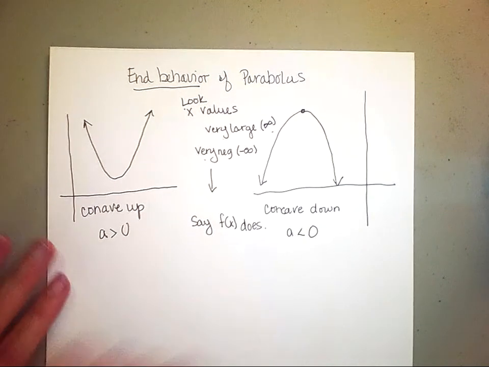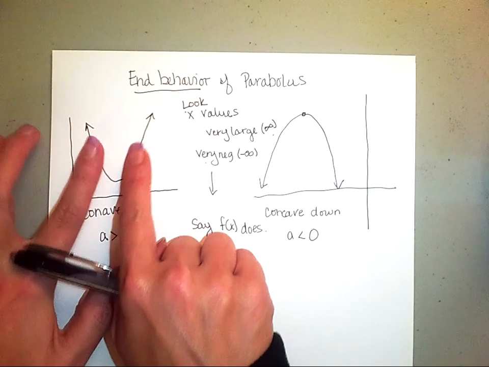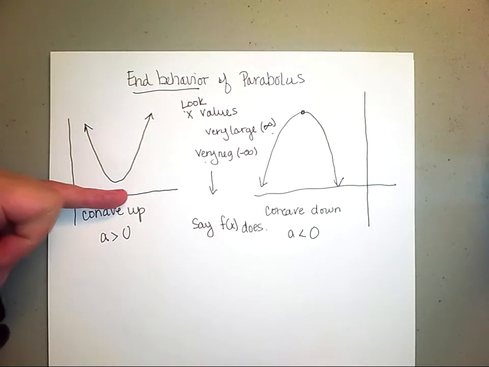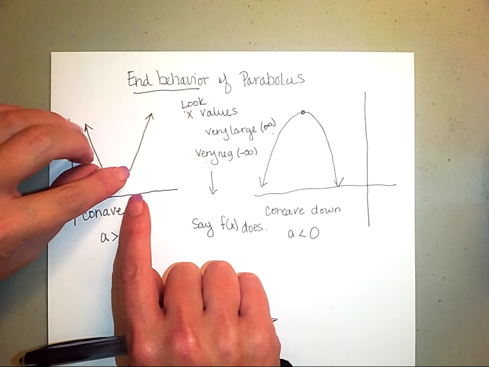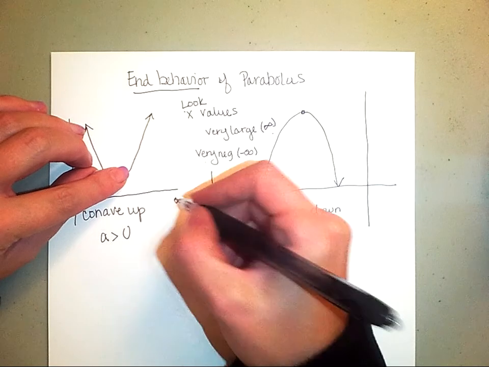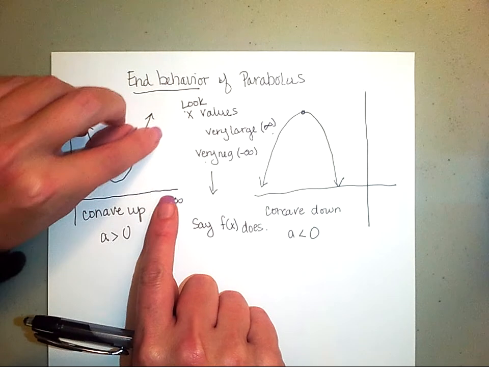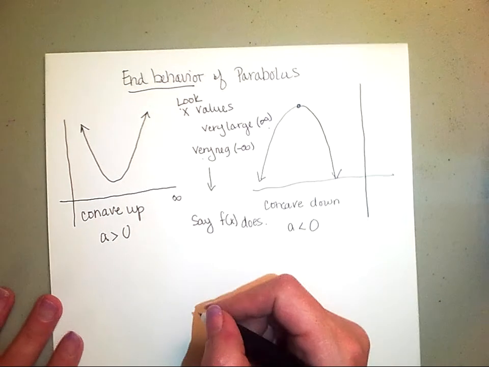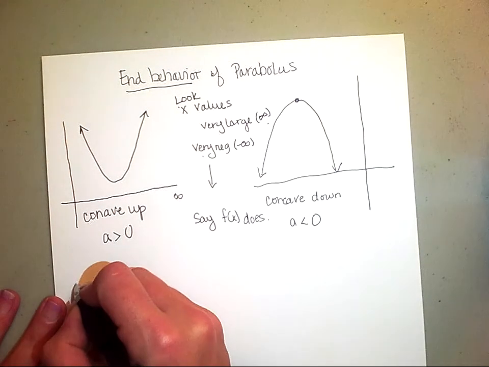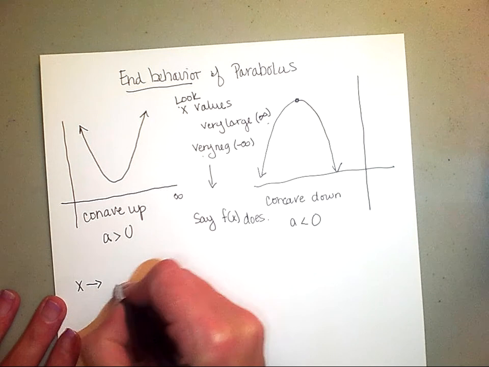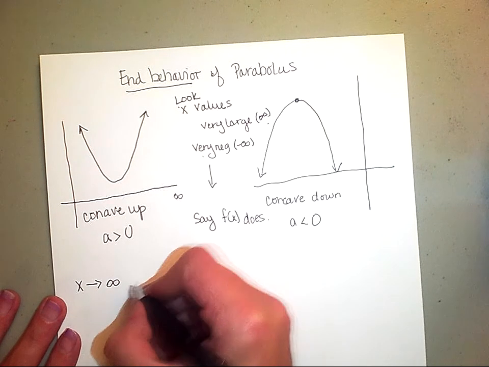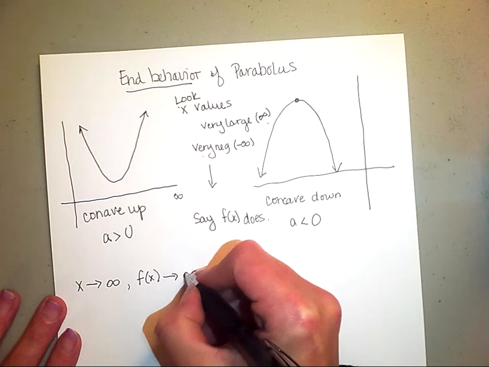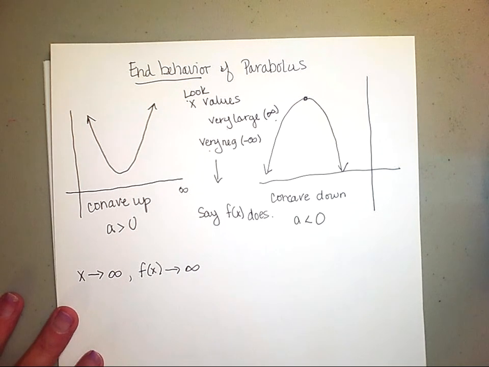What do I mean by that? Well, we know that these arrows mean that it just keeps going on and on to infinity. So as I'm going out here to positive infinity, as I look at values of x that are getting very, very large, the function values are also getting very, very large. They are also taking off to infinity. So the way I write that is, as x goes to positive infinity, the function is also going to infinity.